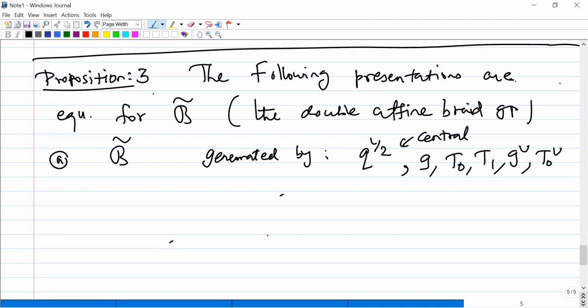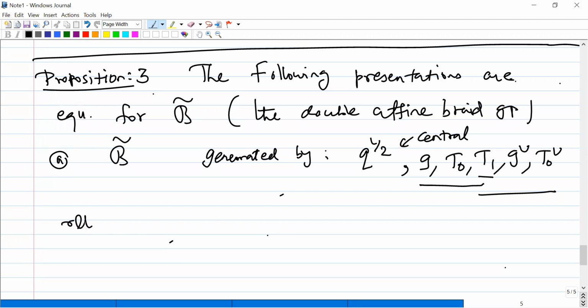So you can see that this T1 is common, okay? And then this is one of the braid groups, and this is another braid group, okay? So we have to implement all the relations for those braid groups, and we have to say how they interact, okay?